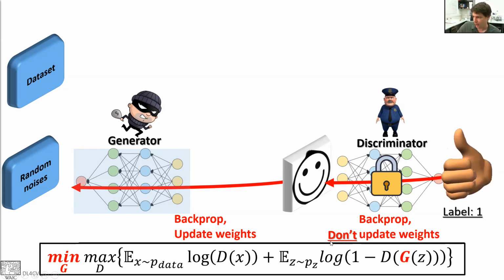And you can see that there is no G for real examples, right? Because when you use real examples, you don't do anything with the generator, and the generator cannot affect it. So only for the fake example side of this term do we have this G over here. The discriminator tries its best to distinguish between real and fake examples, and the generator tries its best to fool the discriminator to make it believe that the generated examples are actually real.